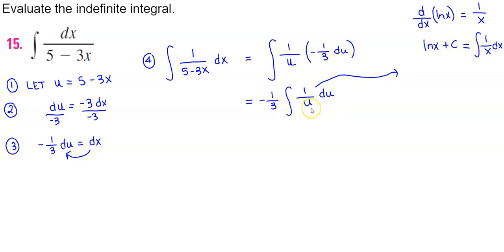So in this scenario, this is now going to become negative 1/3 times the natural log. Now the other important step here is that we need to put the absolute value bars around that. So make sure that you're including the absolute value bars. So therefore, this is going to become the natural log of the absolute value of u plus c.